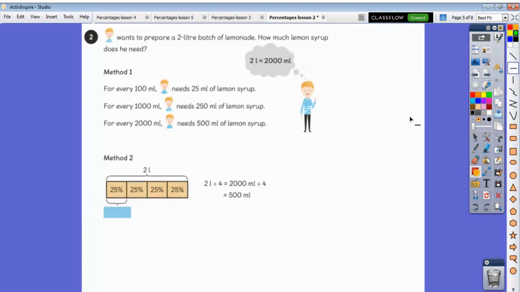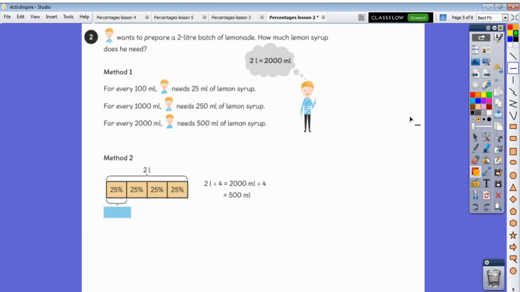So the boy wants to prepare a 2-litre batch of lemonade. How much lemon syrup does he need? So he knows, and we did this last week, that 2 litres is 2,000 millilitres. So for every 100 mils of liquid, he needs 25 millilitres of lemon syrup.